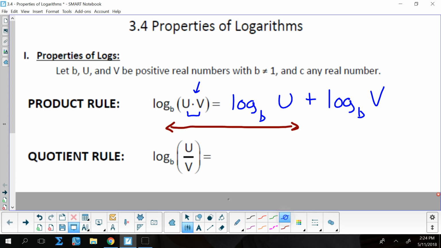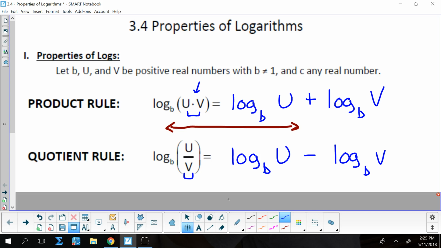So here now, if I am dividing something in the argument of a log, then I can write that out as log base b of u minus log base b of v. Again, expanding, I would go to the blue from the black. Condensing, I would go from blue to black.